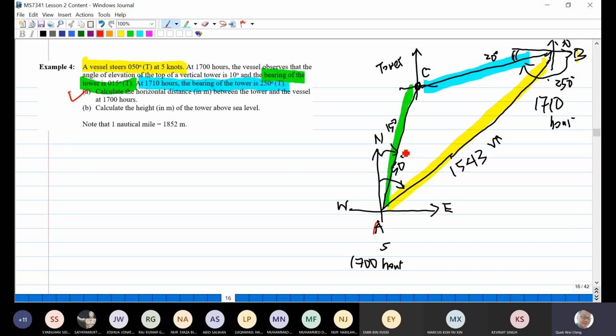Very easy one. 50 minus 15, you get 35, so angle A is actually 35. Okay, so what else do you need to know? Then you also need angle C.